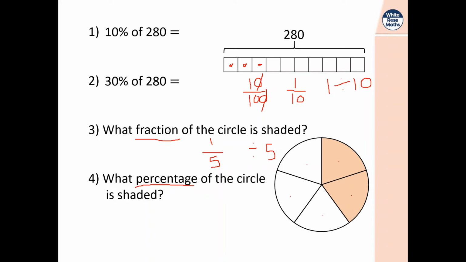So you need to find the equivalent percentage of 2/5. So to do that, we need to turn 5 into 100. What do we do to turn 5 into 100? We multiply by something. 5 times something is 100, and then you do the same to the top.